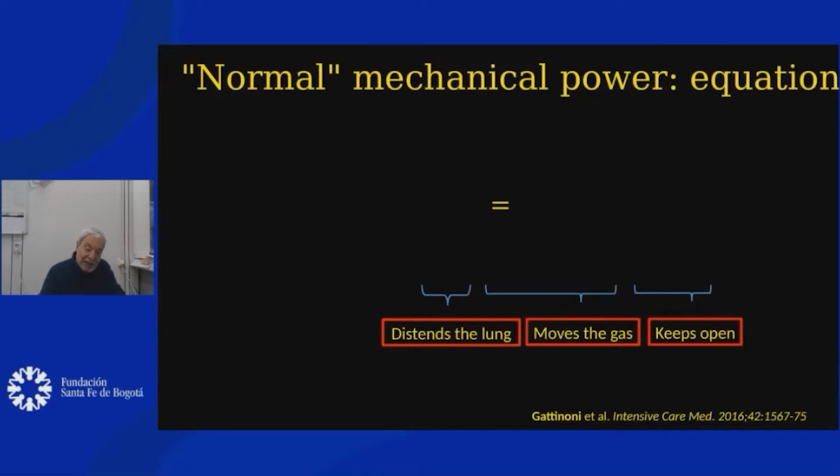And this pressure is nothing else than the tidal volume times the delta pressure, divided by 2 because it is a sort of triangle, but this is not important. So this is the elastic pressure. Then we have the pressure which is used to move the gas through the respiratory airways. And the third is the pressure which maintains the lung distended.